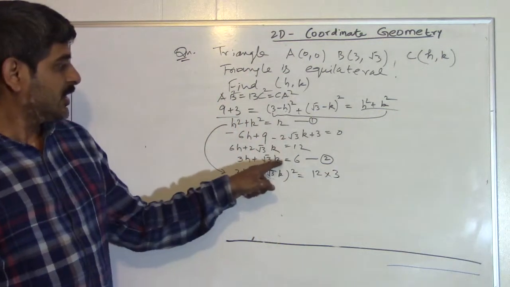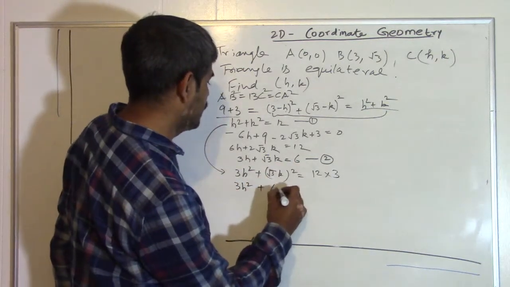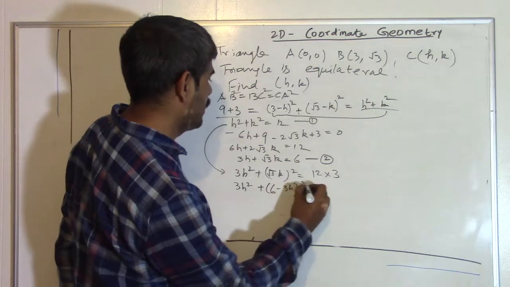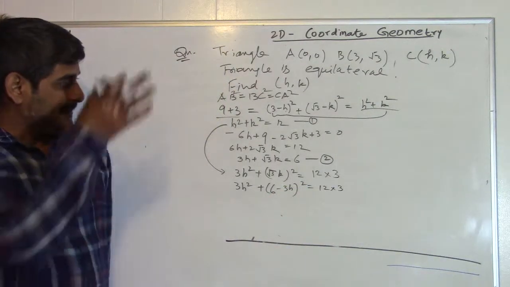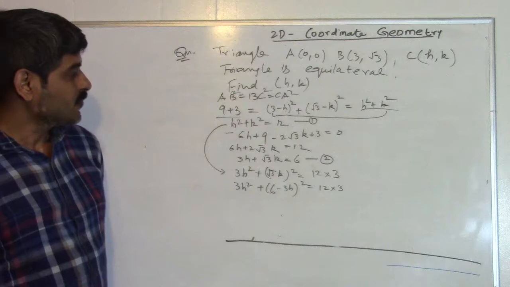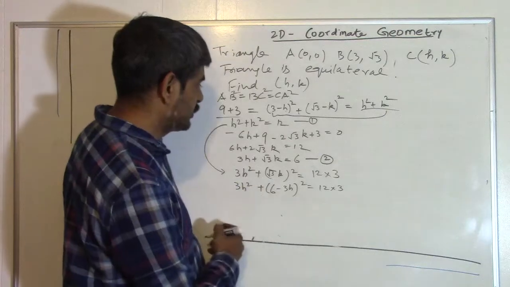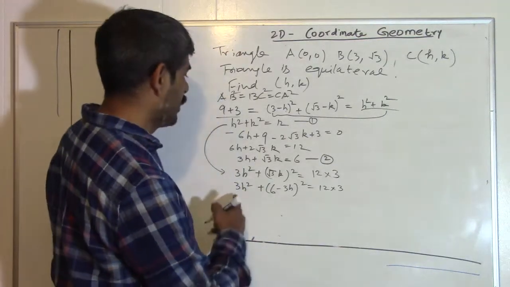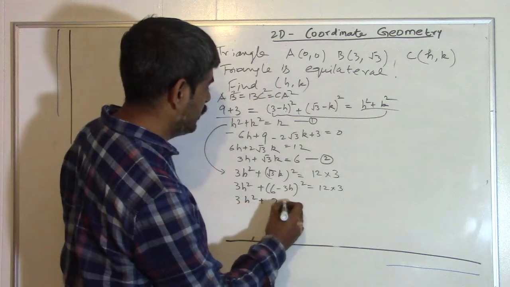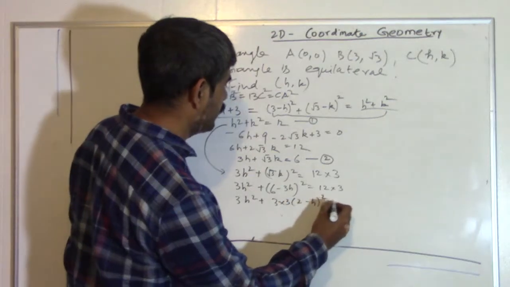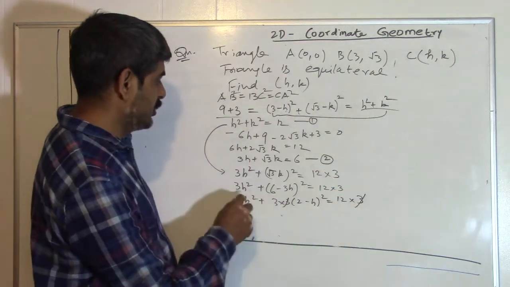Because I have root 3k here, I can substitute it: 3h square plus 6 minus 3h whole square is equal to 12 into 3. Let's take 3 out here. So 3h square plus 3 into 2 minus h whole square is equal to 12 into 3. And cancel one of the 3.